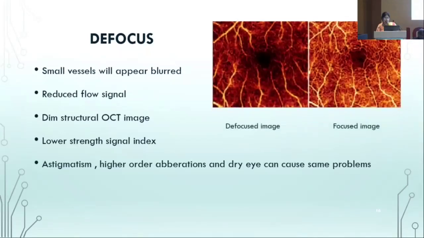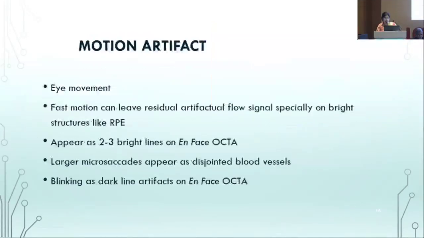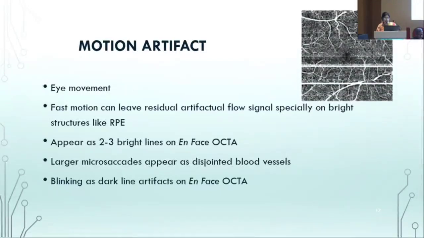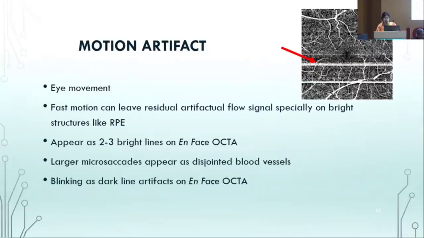Astigmatism, higher order aberration, and dry eye can cause the same problem. Motion artifact is caused by the eye movement. Fast motion can leave residual artifactual flow signal, specifically on the bright structures like RPE, which appears as 2 to 3 bright lines on NFAS OCT. Large microsaccades appear as disjointed blood vessels, and blinking appears as a dark line on NFAS OCTA.